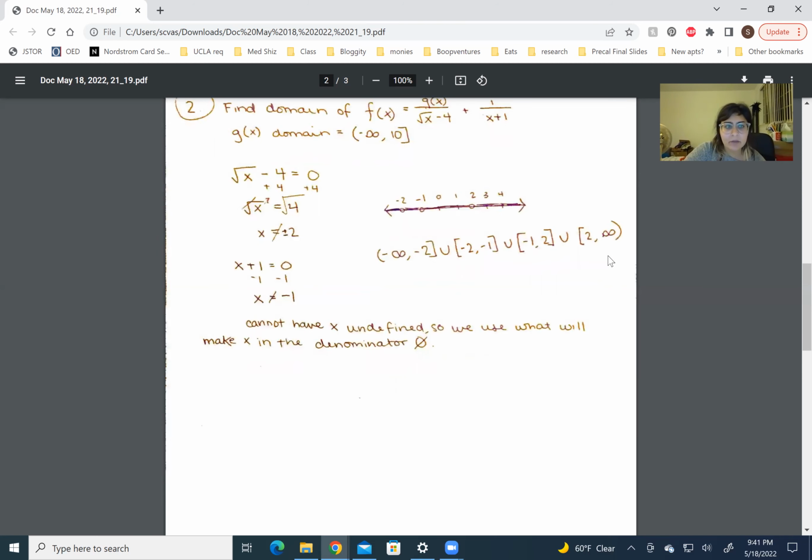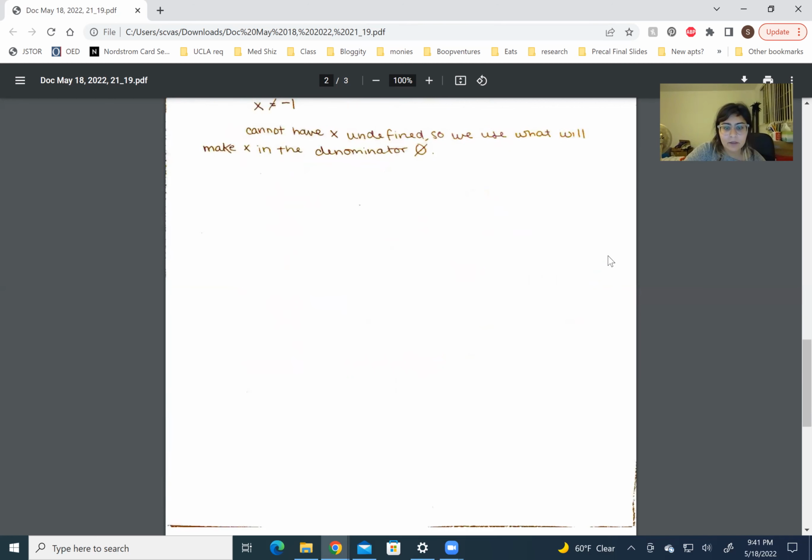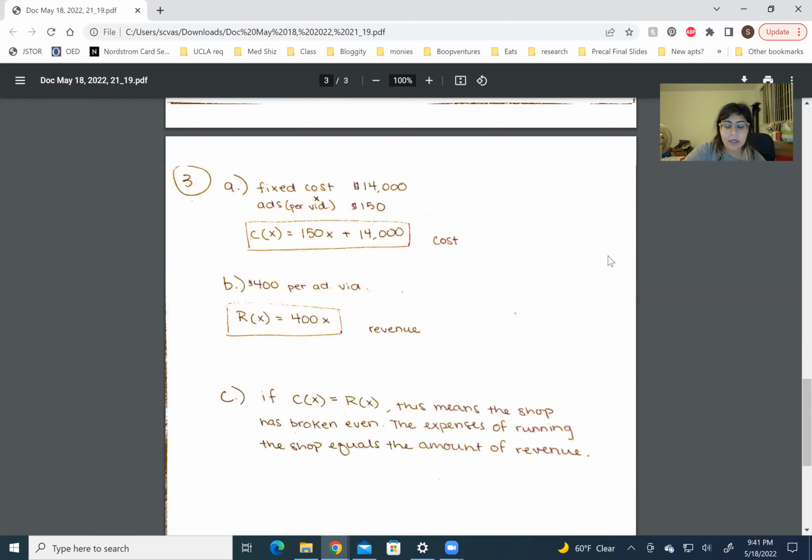For question number 3, we were given a word problem. So for A, it's telling us that the total expenses of a shop is $14,000, that's a fixed cost, and that each video ad costs them $150 to make.